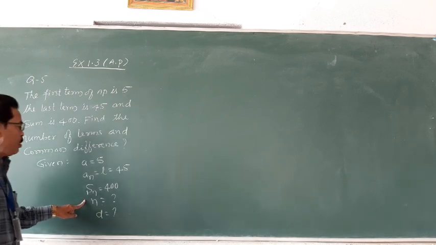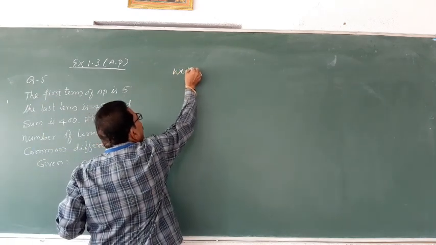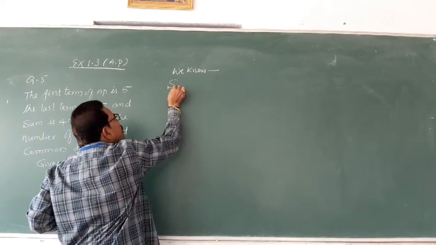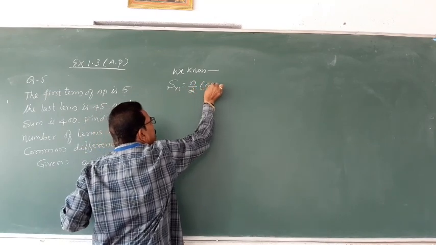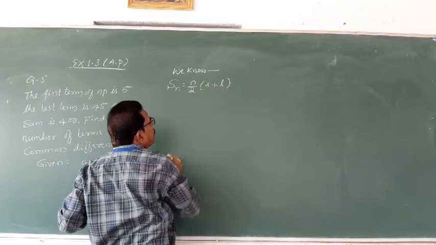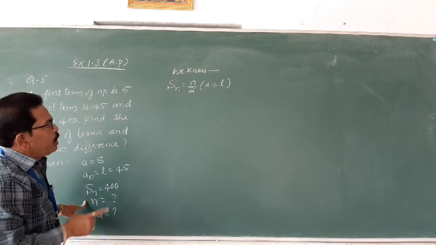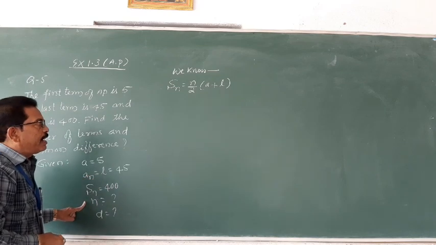For finding n, we use Sn equals n by 2 in the bracket (a plus l). Why do we use this formula? Because the last term is given, it is very easy to calculate n.